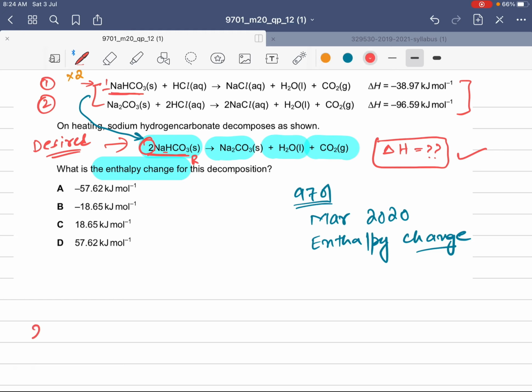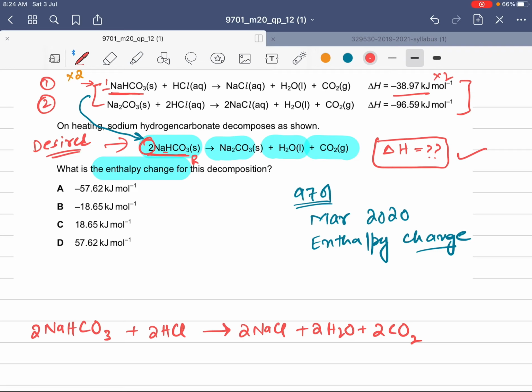I'm writing the equation here. 2 moles of NaHCO3 plus 2 moles of HCl. Everything will be multiplied by 2, plus makes 2 moles of NaCl plus 2 moles of water plus 2 moles of carbon dioxide. And delta H would also be multiplied by 2.